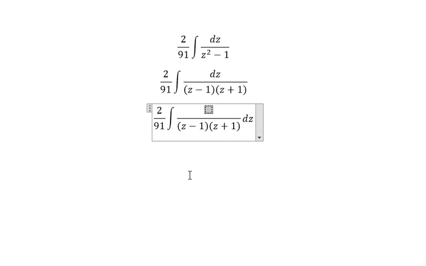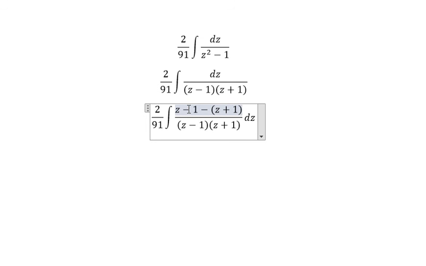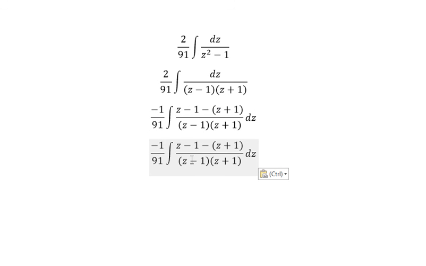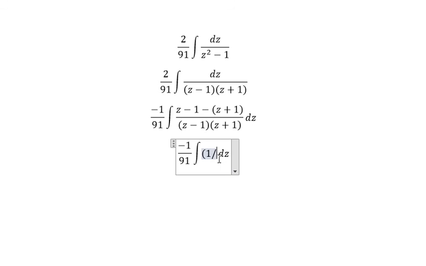So we put z minus 1 minus z plus 1, because we have negative number 1 and negative number 1, so you get negative number 1 in here, because we need to divide negative number 2, that's why you get negative number 1. Z minus 1 divided by z minus 1, you will get 1 over z plus 1.